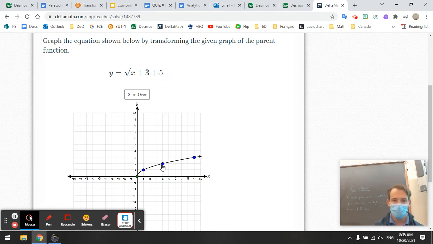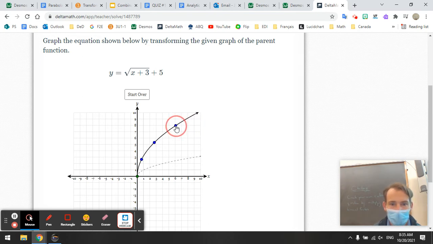So I can apply those and Delta Math says here, choose some points along here. I've highlighted the integer points for you. Translate those points. So it saves you making a table of values. So I know that all these points are going to go up by 5 because I'm adding to all of the outputs. So there is a 1, 2, 3, 4, 5 up there. But then they also move over by 3, like this.